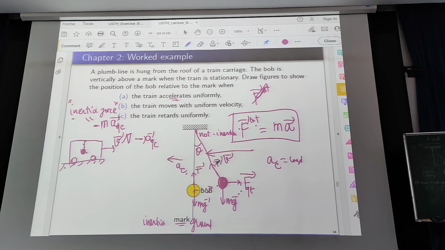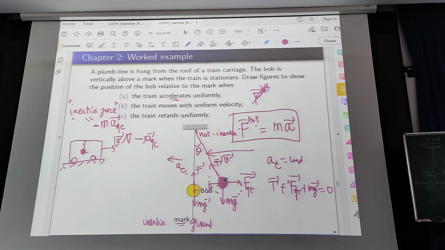And on the train, you have T plus mg plus the inertial force equal to 0. They are balanced.